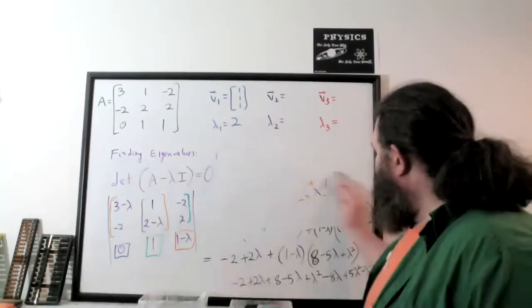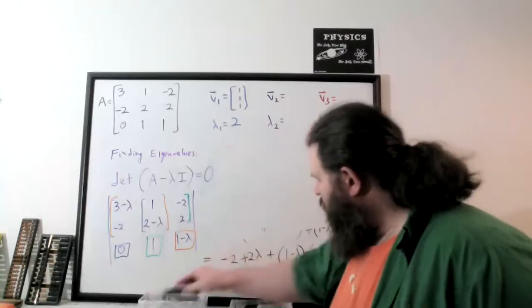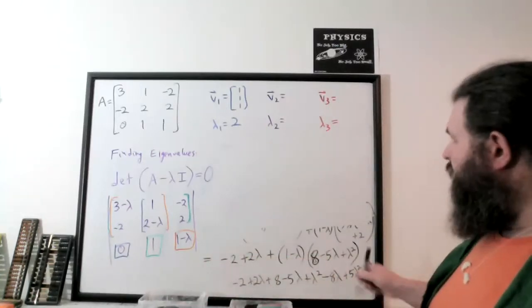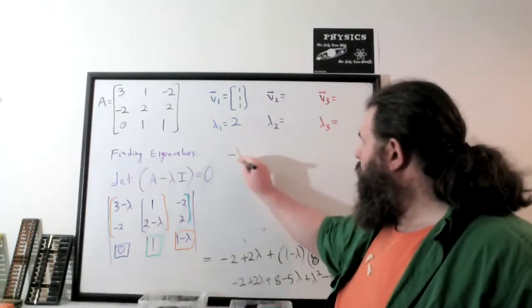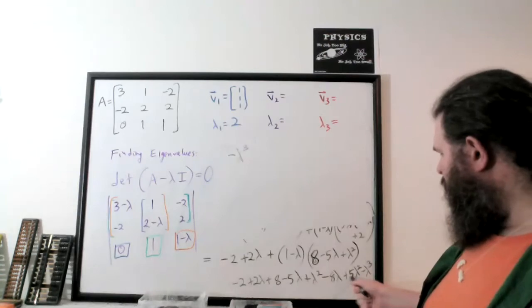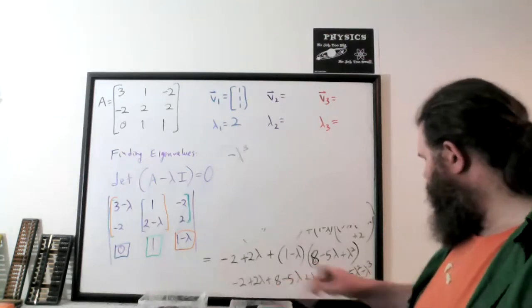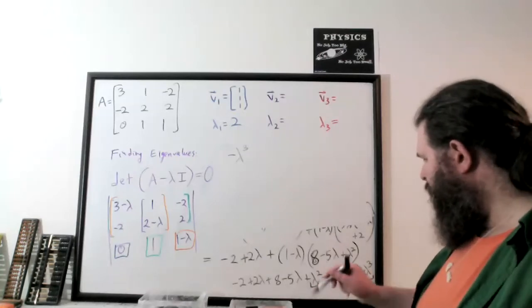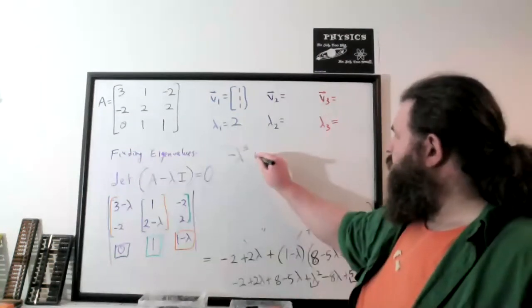So let's try simplifying this a bit, combining like terms. Looks like we've got a single negative lambda cubed. We've got 5 lambda squared plus another lambda squared. So 5 lambda squared plus lambda squared is 6 lambda squared.